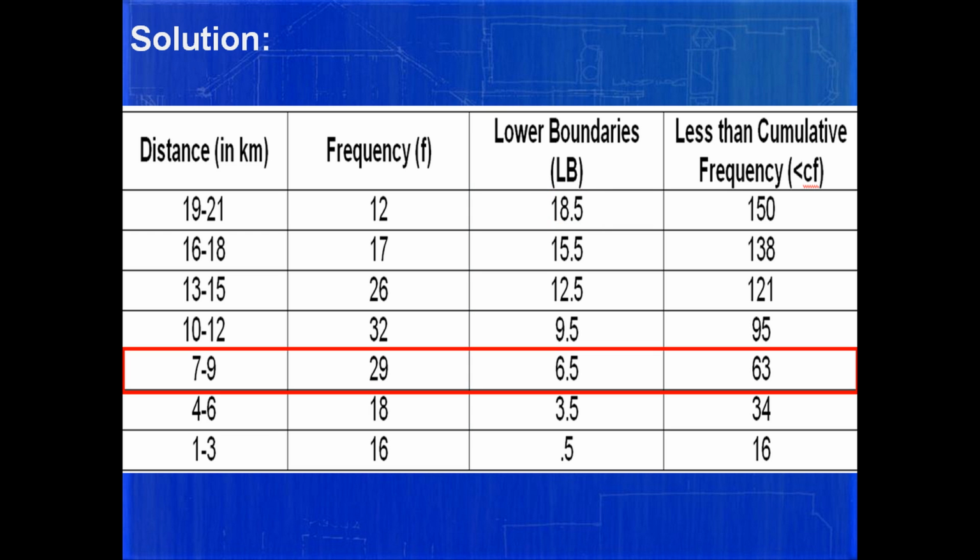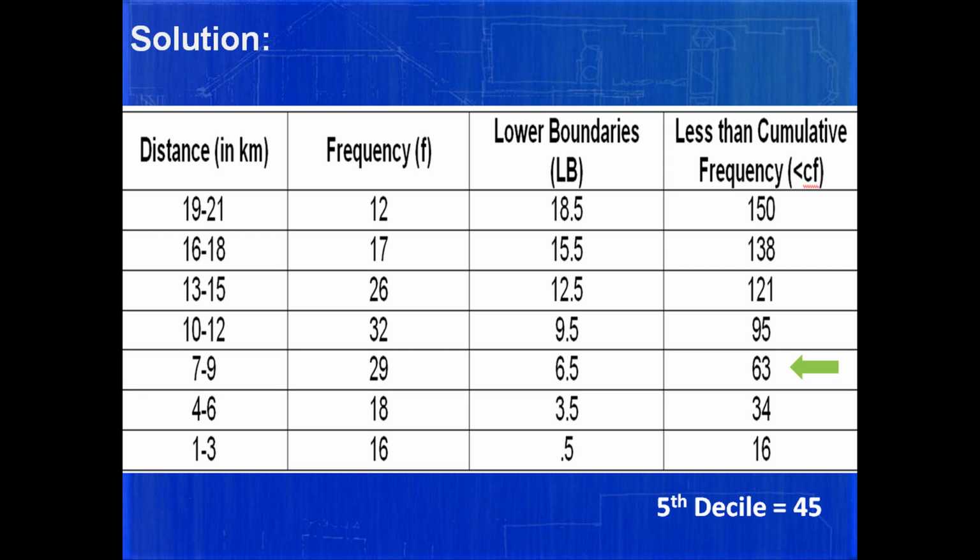By looking at this illustration, we can now locate our lower boundary, which belongs to the class interval 7 to 9. Since 45 belongs to the 63rd cumulative frequency, your cumulative frequency before the third decile, which is 33, is 34.